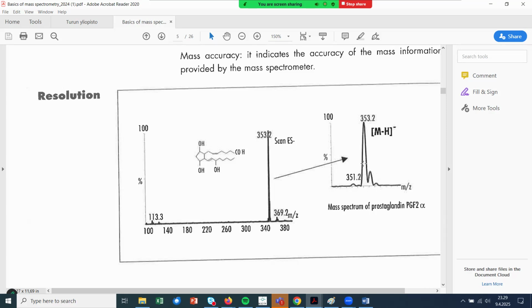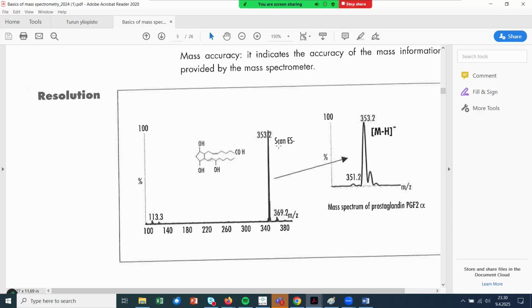Why? The reason is that the first, biggest peak represents the form of the molecule that only has carbon-12 isotopes in the molecule. That's the majority of the molecules. Small molecules usually have only carbon-12. But naturally, something like 1.1% of all carbon is actually carbon-13 isotope.